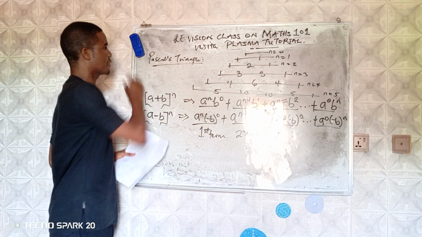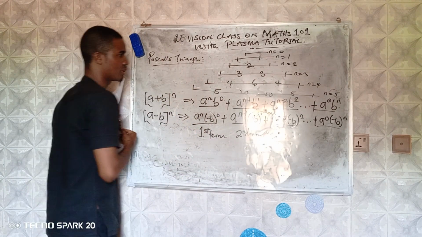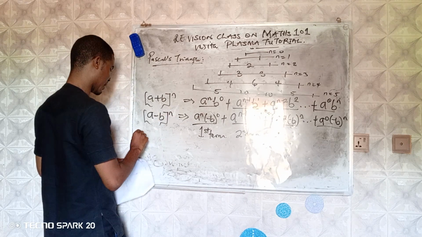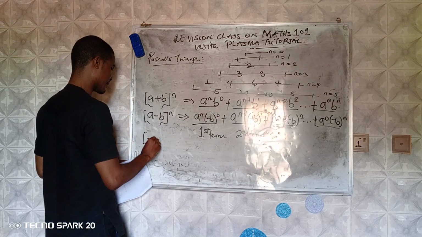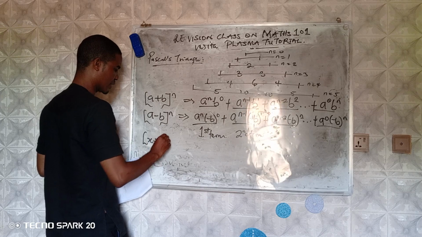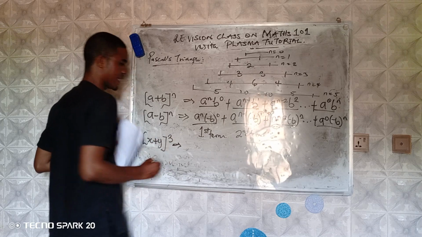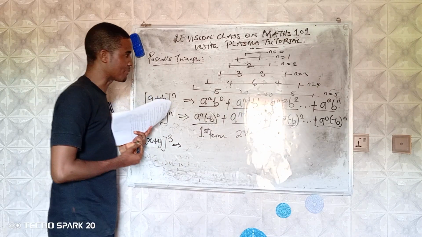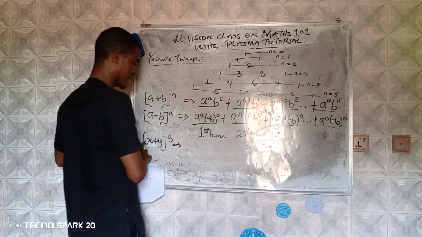So let me put up a simple example. Since I have the Pascal, if I have (x + y) raised to power 3, and I'm asked to expand completely, first of all, I'll apply the theory.